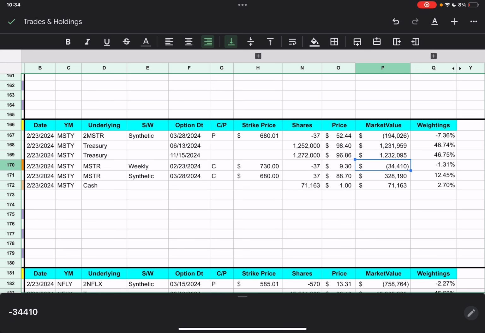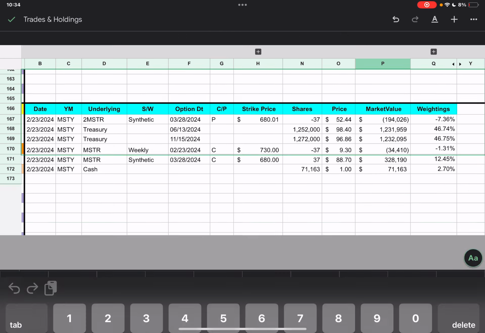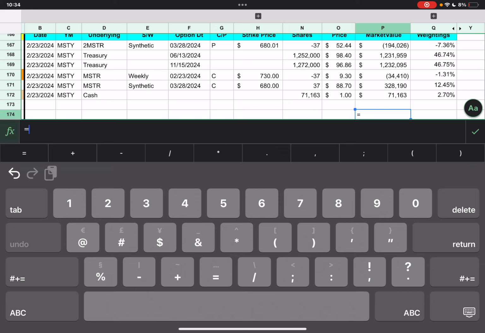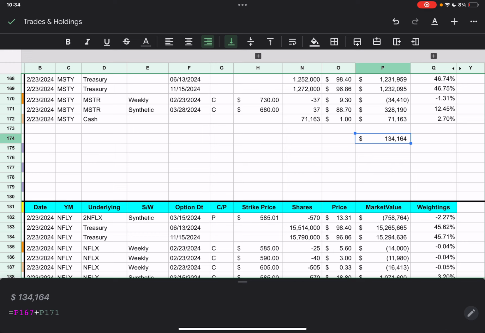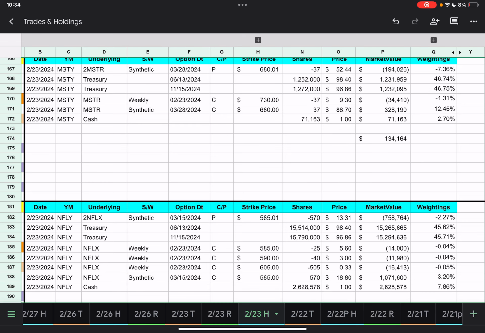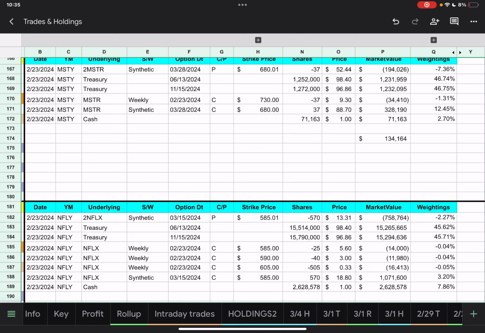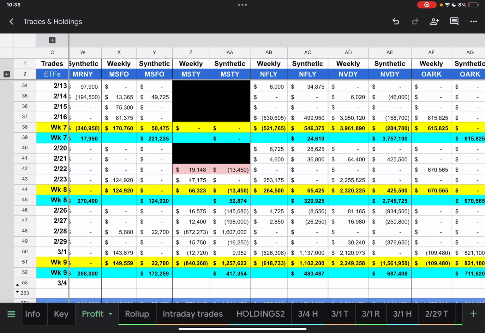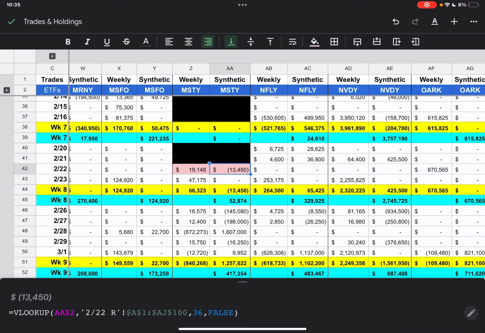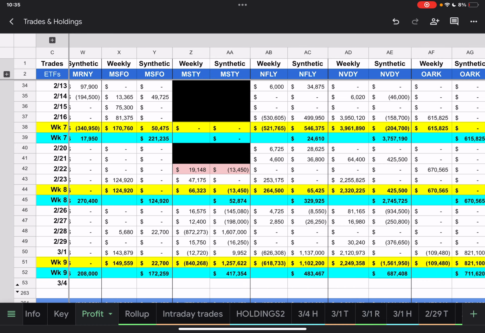And then this is our weekly. So synthetic plus synthetic, that's 134, 164. So those should match on this other one. 134 and 34. So if we go to here, okay. Well, let's check what I did, see if I messed up.